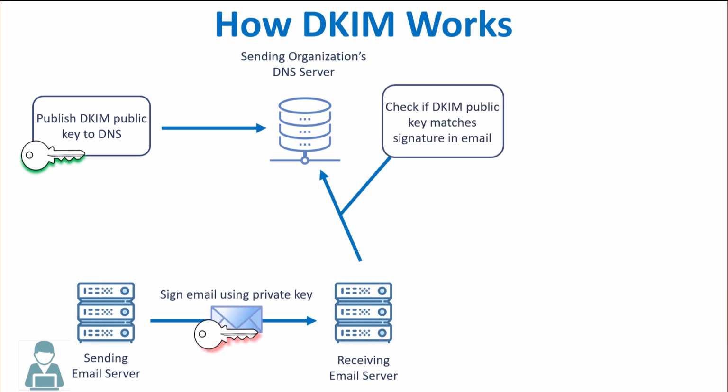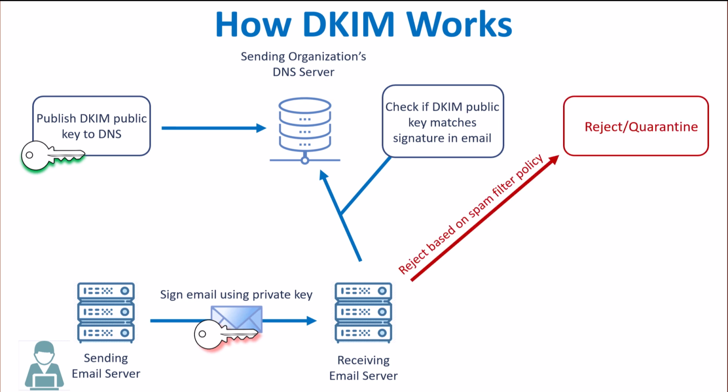The receiving email server sees the DKIM signature in the message headers, and it takes the sending domain, looks up that domain's DKIM record in DNS, and checks to see if it has a public key. If that domain does have a public DKIM key, then it checks to see if it matches the private key that was used to sign the message. If the keys do not match, then the message can be rejected or quarantined.